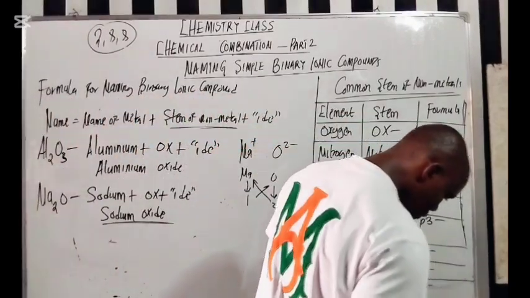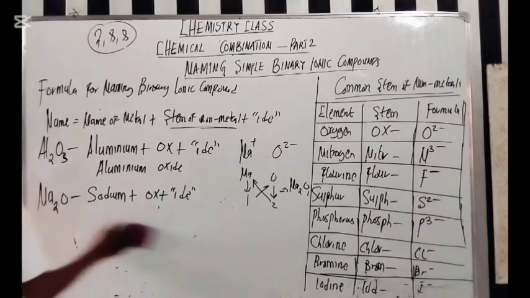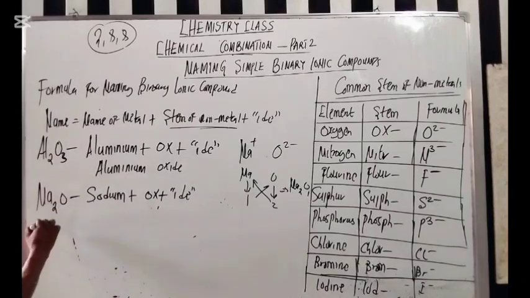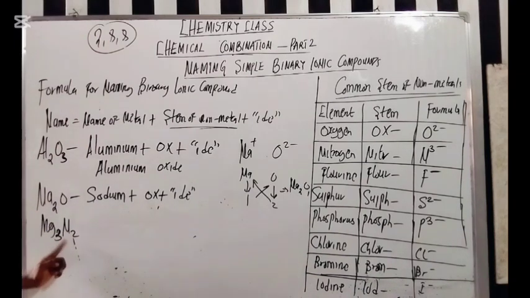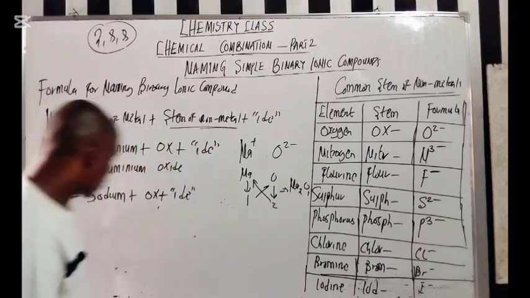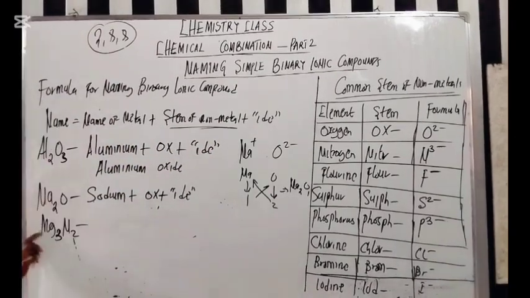Now let's name other ones here. If for example here we have Mg3N2. So what is the name of this compound here? It is an ionic compound. Magnesium is a metal. Nitrogen is a non-metal, right? So how do you name it here? It's very easy. What is the name of Mg?